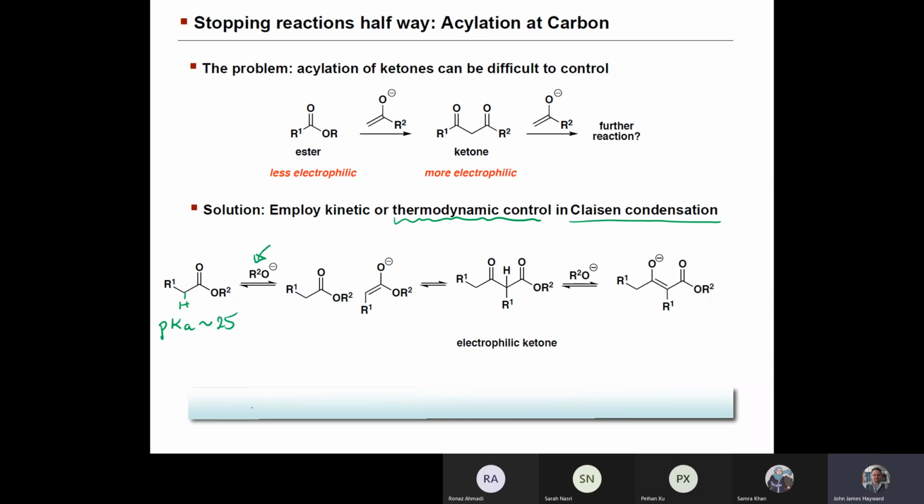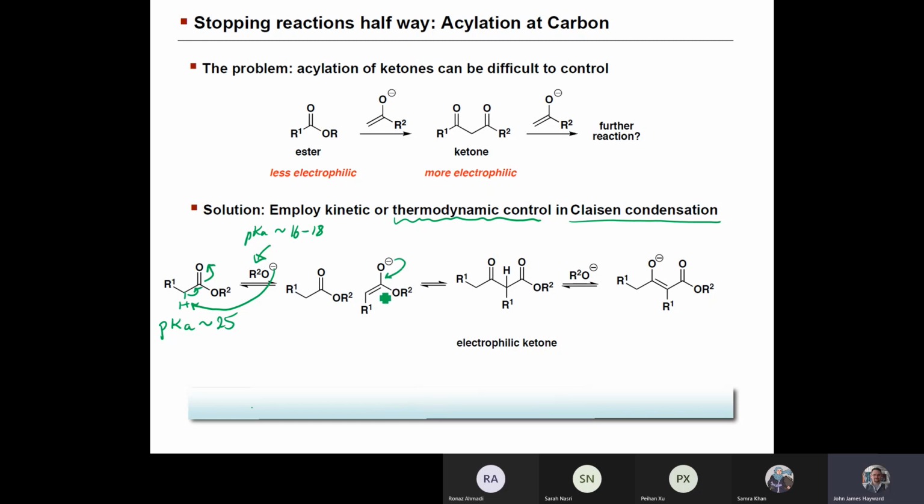The pKa of most alkoxides is between 16 and 18, depending on which one you're using. So we're using, by comparison, a relatively weak base. Anyway, we deprotonate and we generate our enolate.